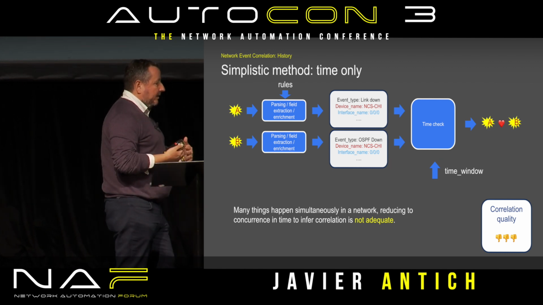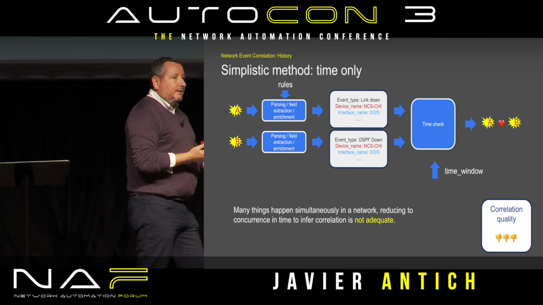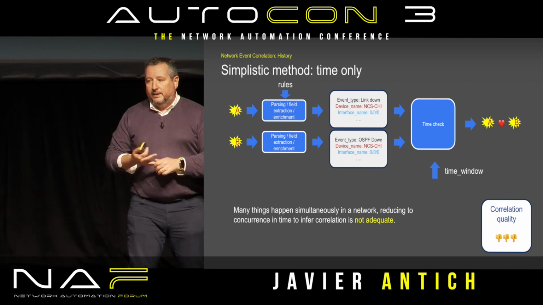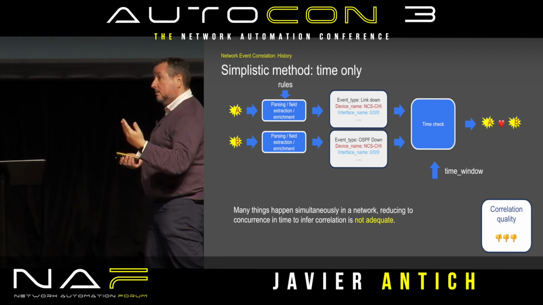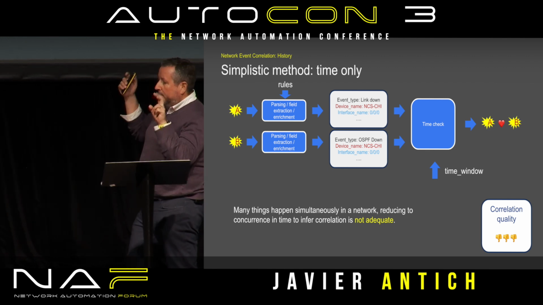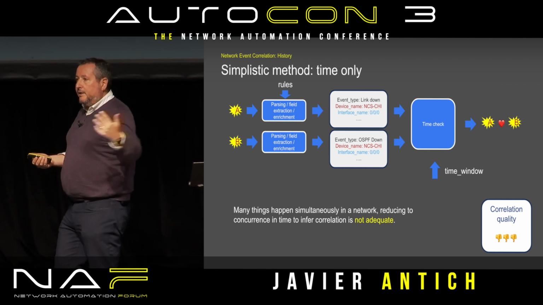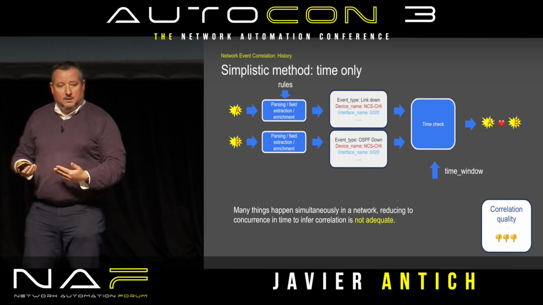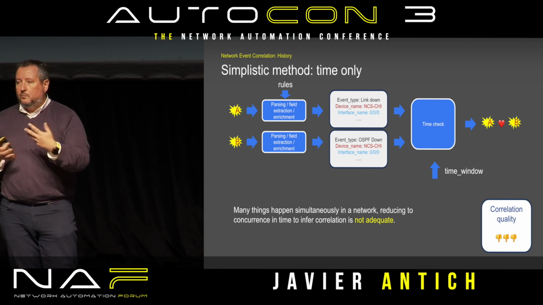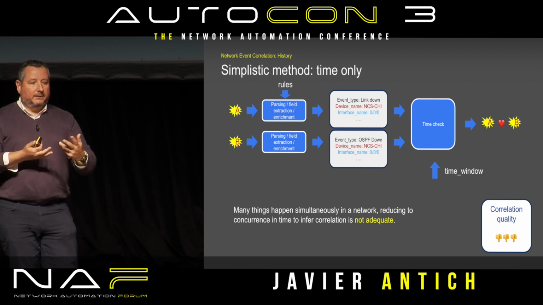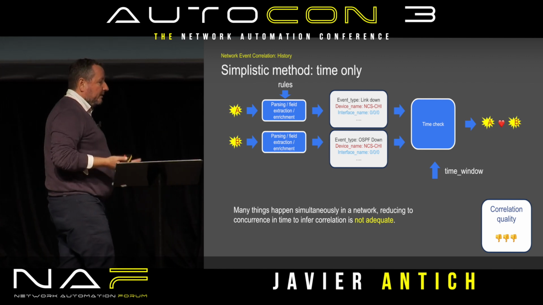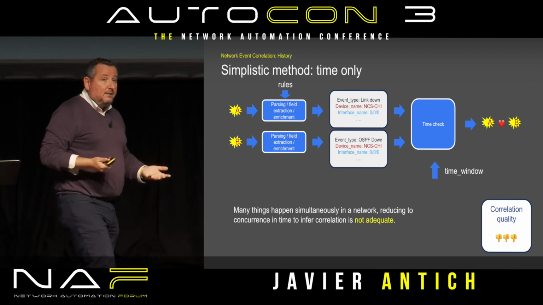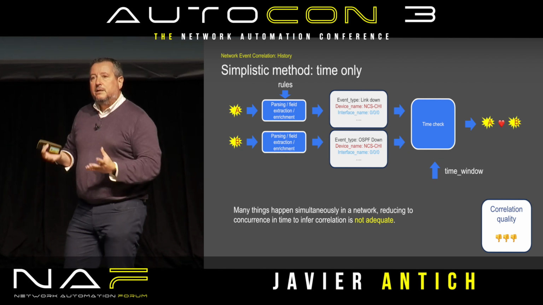How has event correlation been done historically? There are several techniques that your vendors have been using. The simplistic method is time-based correlation, like temporal correlation, which basically means you get 2 events, let's say. You definitely have some rules to parse the event, to extract different fields and whatnot, and then you have some structured representation of that event. But essentially what's going to happen is that there is some time check.